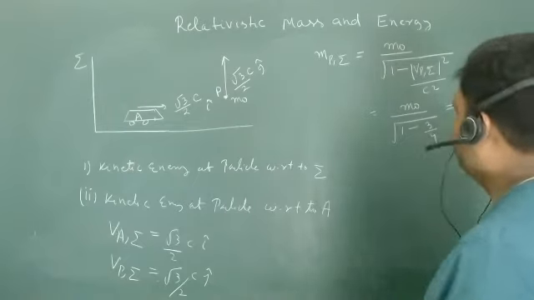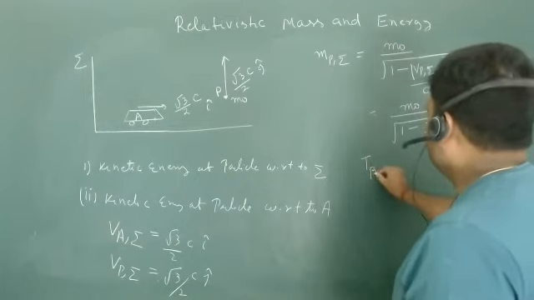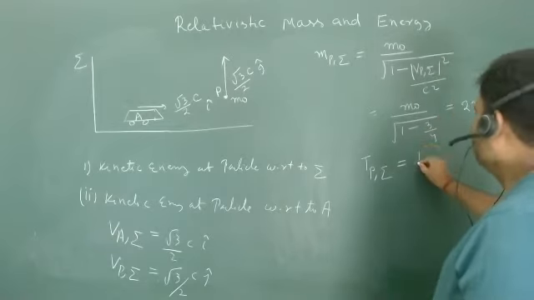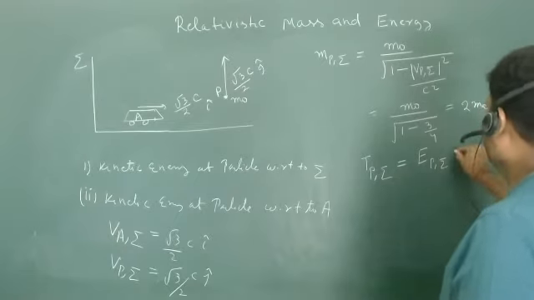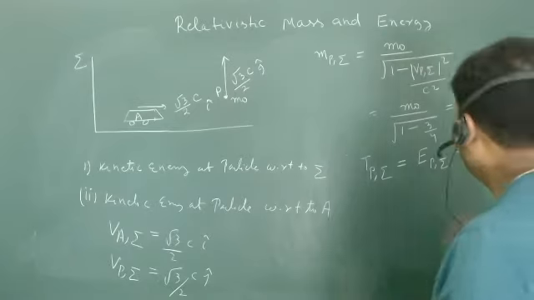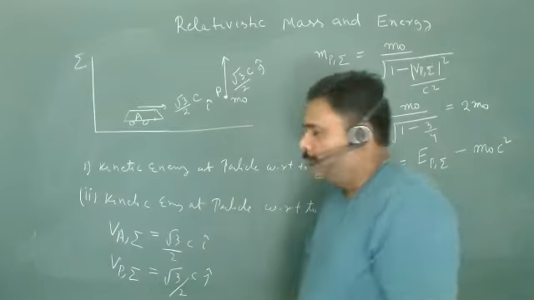And what will be the kinetic energy? We have to calculate the kinetic energy of the particle with respect to sigma. That means the energy of the particle with respect to sigma minus rest mass into c square. And the rest mass will always be uniquely defined, that will be m naught.